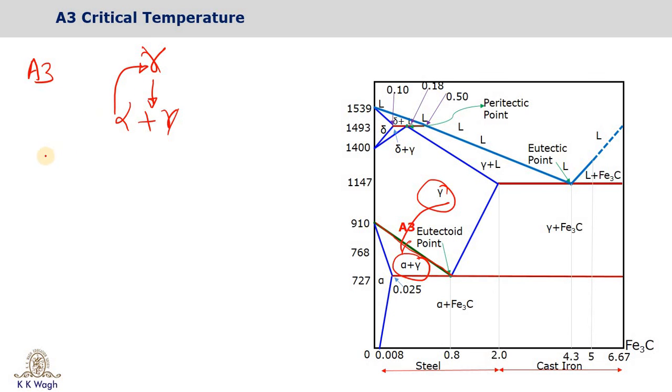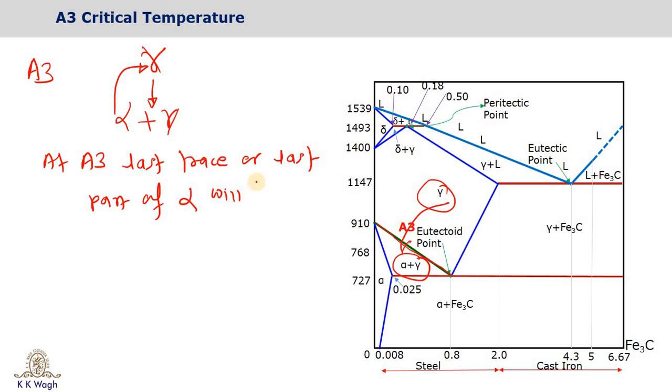So at A3, the last trace of alpha will be transformed to gamma.